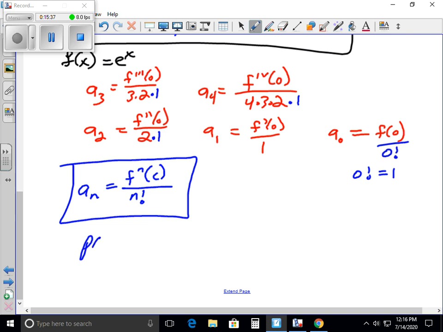To get our polynomial, it's our first coefficient, our next coefficient times x, and depending on where it's centered, when it was centered at 0, it was just x. But if it's centered somewhere else, it would be x minus c.